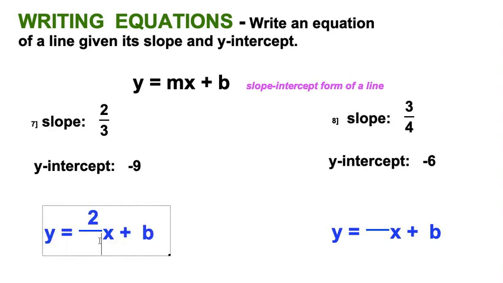It's that easy. Remember, up 2/3. And of course, if I say that the b is -9, I could say plus a -9, but that's silly, isn't it? Because I could just say -9. So with a y-intercept of -9 and a slope of 2/3, y equals 2/3 x minus 9.